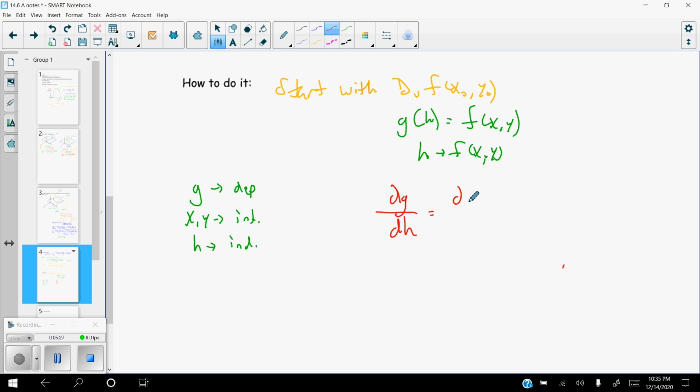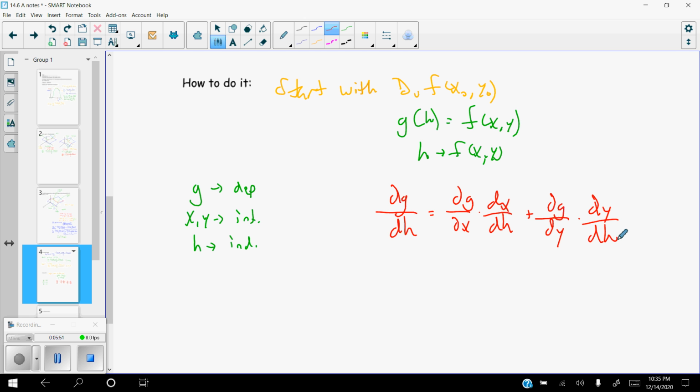It's going to be the partial of g with respect to x times the full derivative of x with respect to h, plus the partial of g with respect to y times the full derivative of y with respect to h.